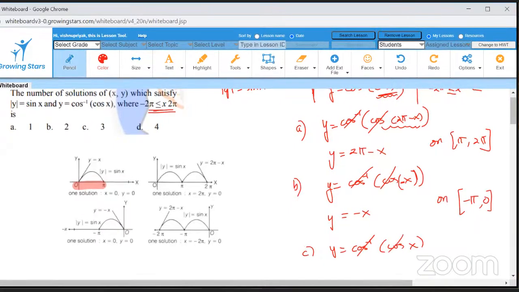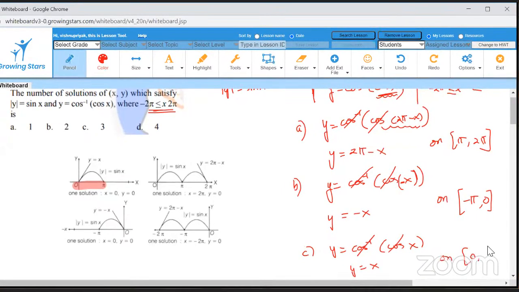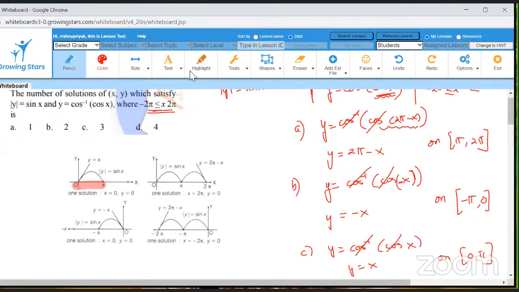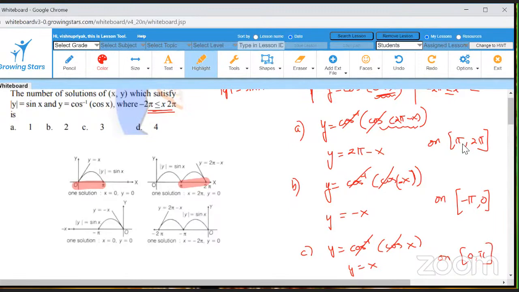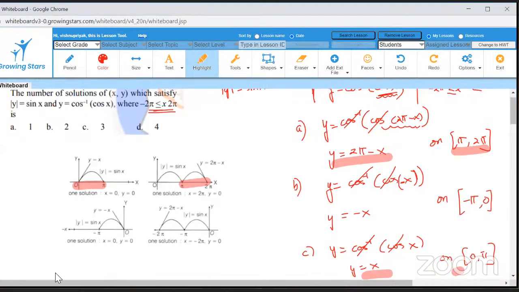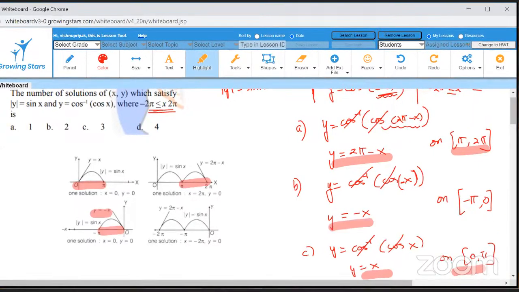Cos inverse and cos cancel, so y equals x, but this is on the interval 0 to pi. When you take pi to 2 pi, you can write 2 pi minus x. Already I wrote that here, and it is also on the graph. Now when it is minus pi to 0, y is minus x. That also I have written.